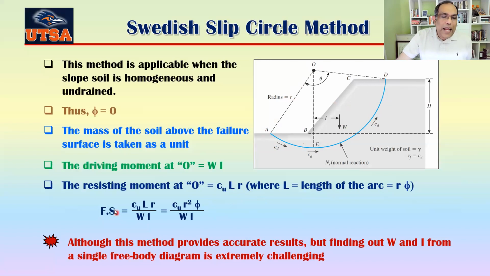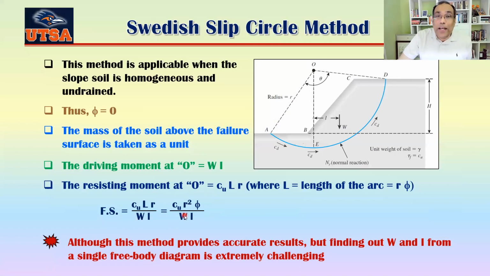So your factor of safety is basically your resisting moment divided by your driving moment. So this one is basically Cu L R divided by W L, or Cu R squared theta, where theta is here in radians, divided by W times L. So once again, try to remember which one is what.